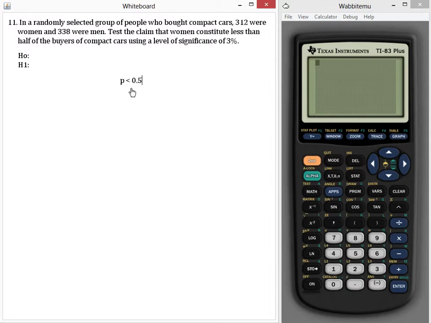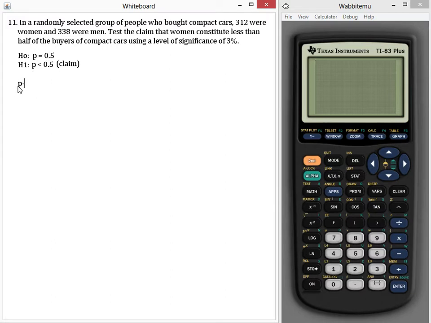That would be less than half, because half is 50%. So that's going to be an alternative hypothesis because there's no statement of equality there. So that's my claim. The null hypothesis then is just that P is equal to 0.5.